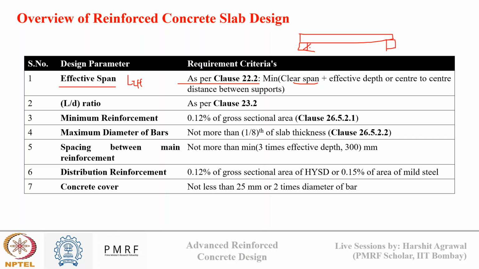Clear length between supports is L naught. I know the effective depth of my slab, and I know the center to center distance between the supports. So either it will be L naught plus D, or it will be L naught plus S. If this is S, if I assume this dimension is S by 2 plus S by 2, it will be S. So the minimum of these two values will be my effective span of my slab for a simply supported slab. Other cases are also mentioned in the code, for how this effective length value will change.